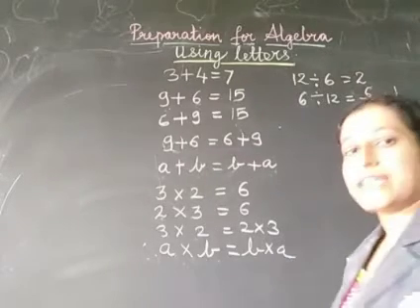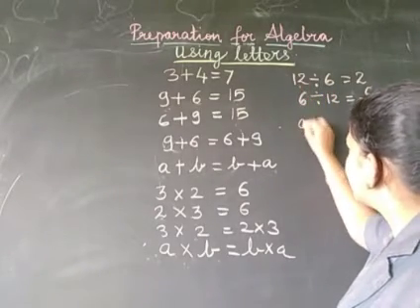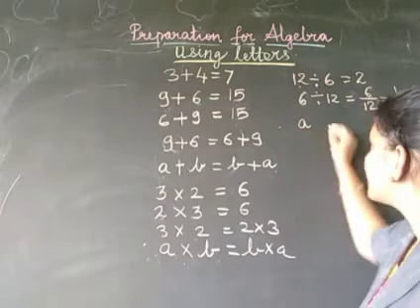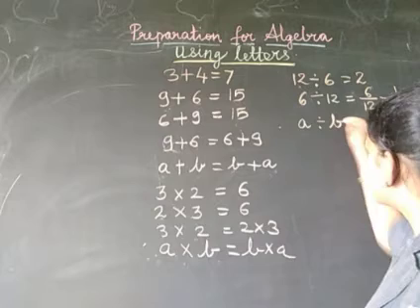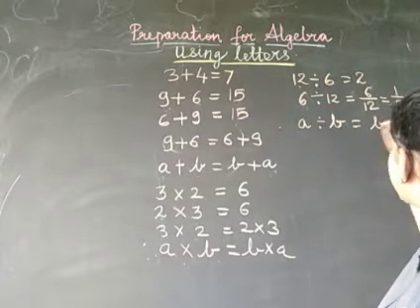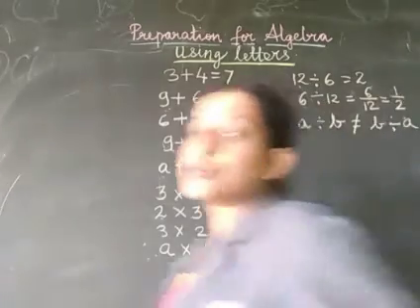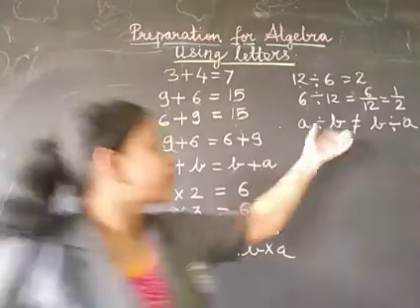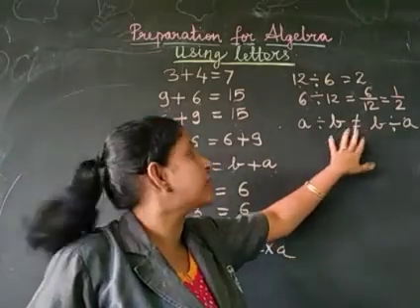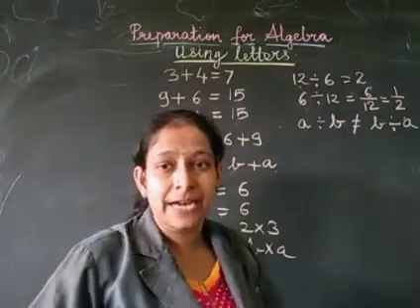No. Therefore, if we take any number A divided by another number B, we cannot say that it is equal to B divided by A. It is not equal, correct? So the property in the case of division is not correct. That is, A divided by B is never equal to B divided by A.